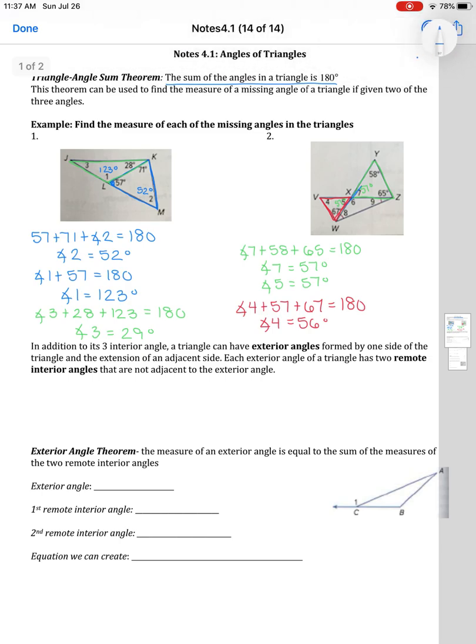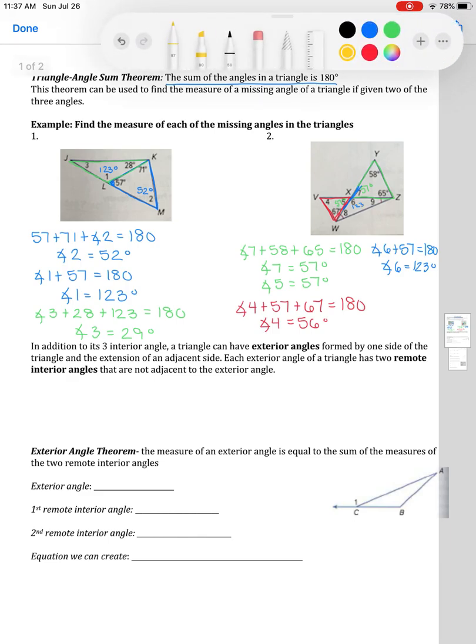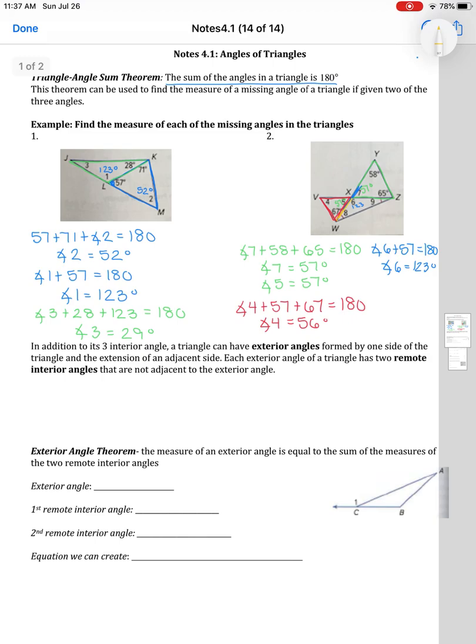Then I'm going to use this triangle right here, the other bow tie part to it, or butterfly, or bow tie, either one. And I see that angle 4 plus my 57 plus 67 equals 180. So that means angle 4 is 56 degrees. And now I've got to get 6, 8, and 9.